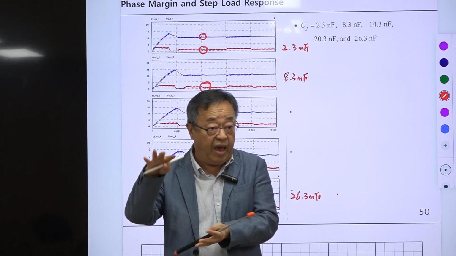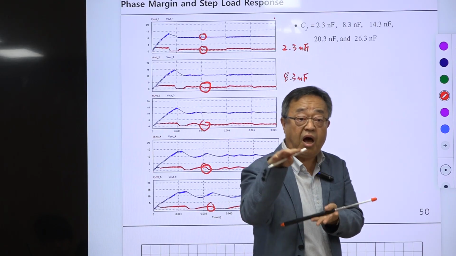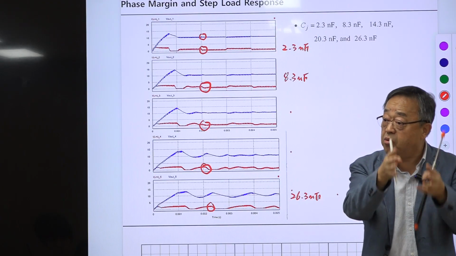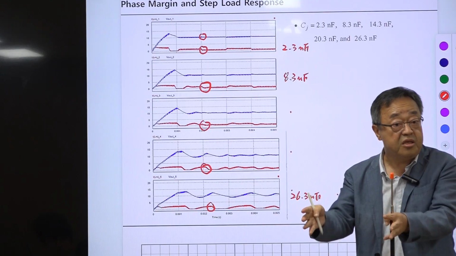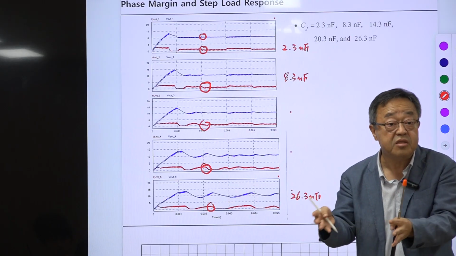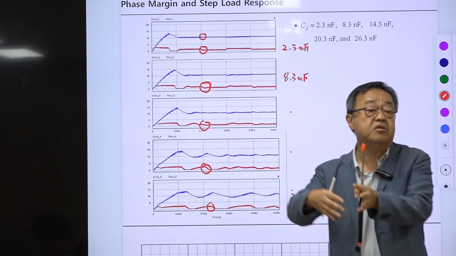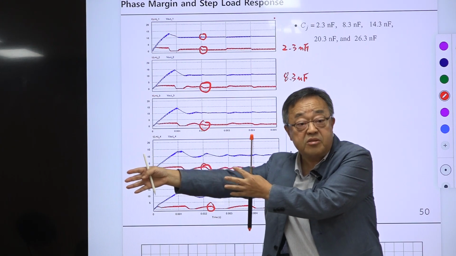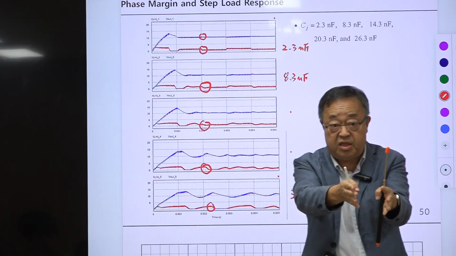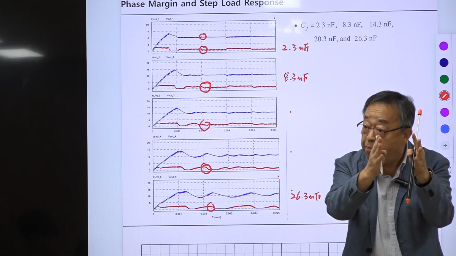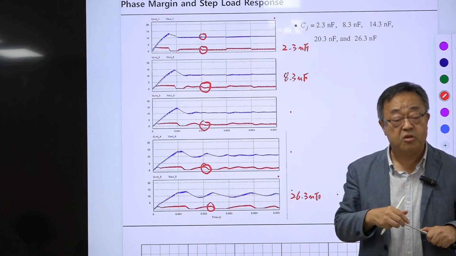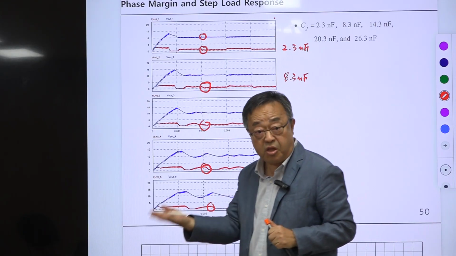If you add one large capacitor that has a small ESR, then the parallel combination of the previous one and this one becomes way smaller. Then that ESR zero is moved to a higher frequency, but the compensation pole is still located at low frequency. Then what happens? Bomb. Then the converter becomes unstable.